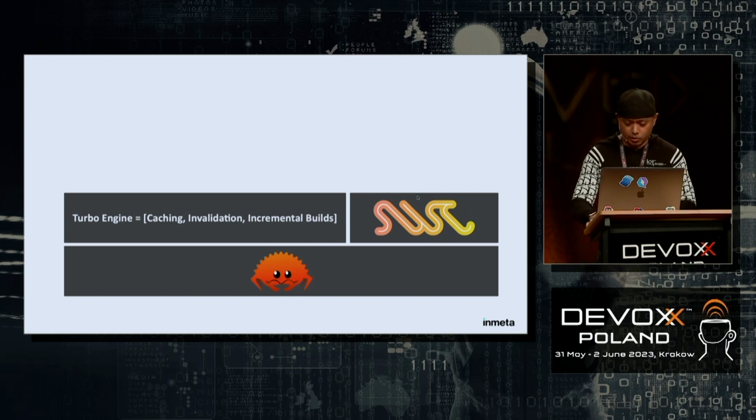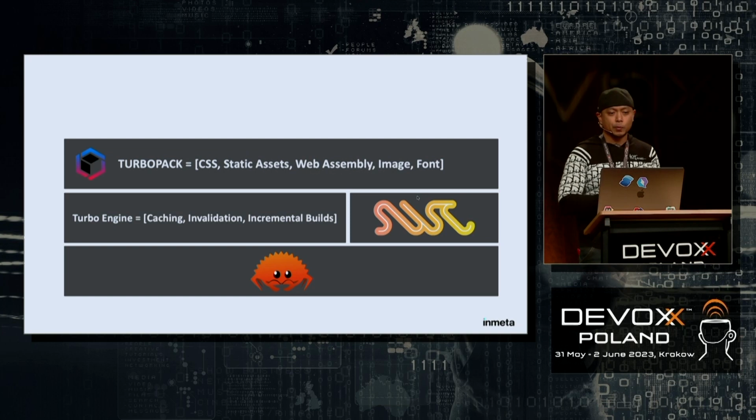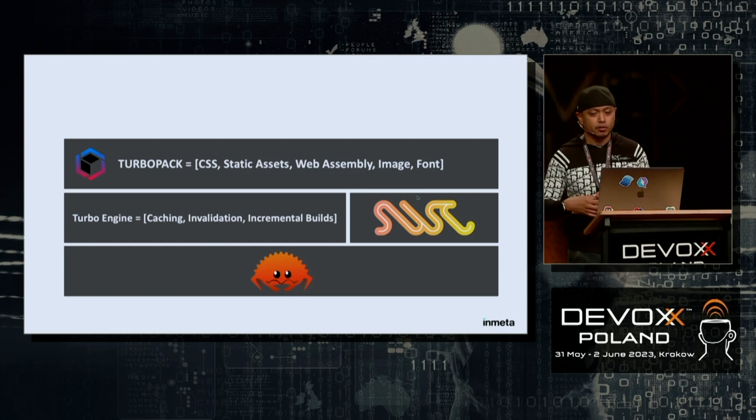By the way, SWC is popular also. They didn't create their own; they're just using this existing tool, SWC, which is smart. On top of those two, we have Turbopack, a bundler handling CSS, static assets, WASM, images, fonts, and more, leveraging SWC.